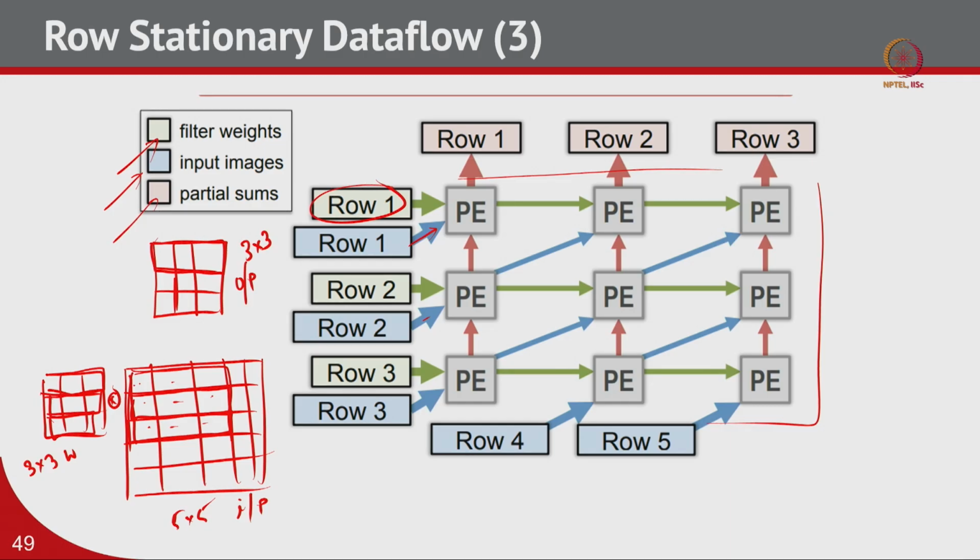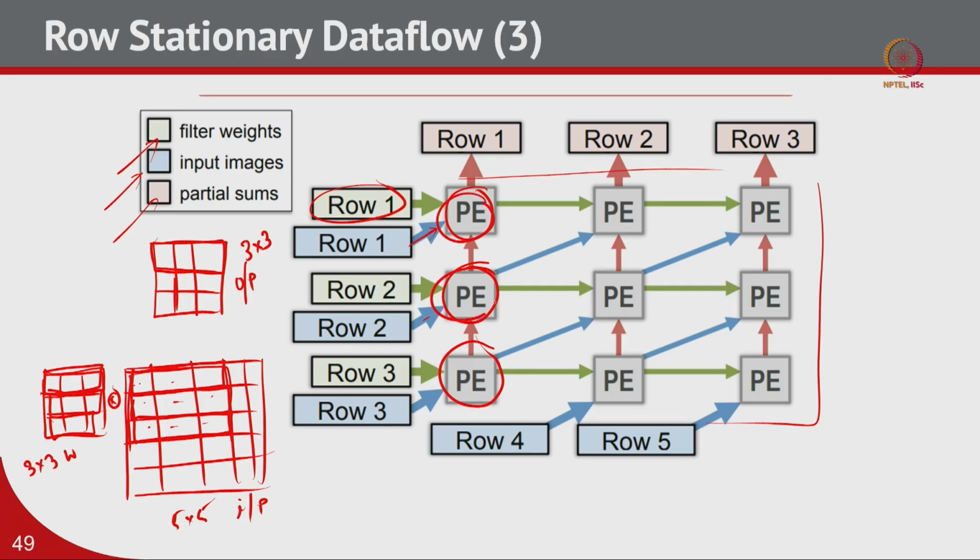Now, each of the PEs is responsible for performing this element wise multiplication for each row of the input image, right. So, the first PE will perform this portion of the filter multiplied by this portion of the input image, and that will happen in the first PE.